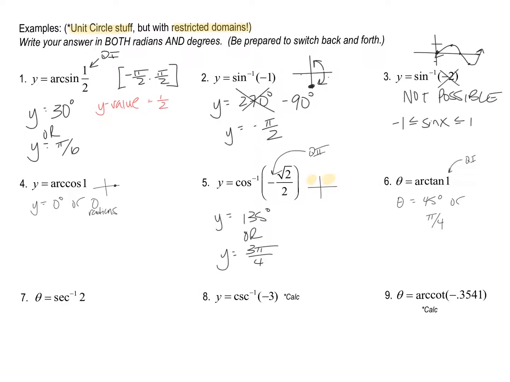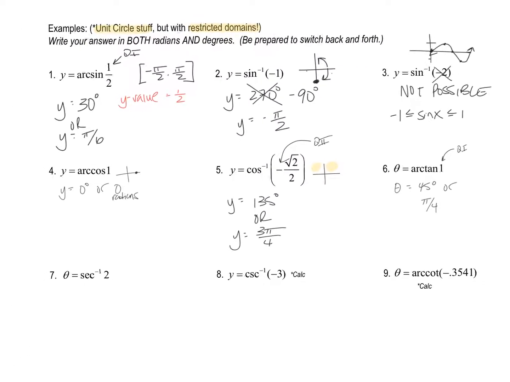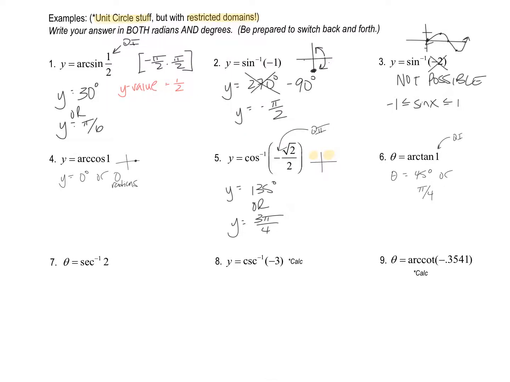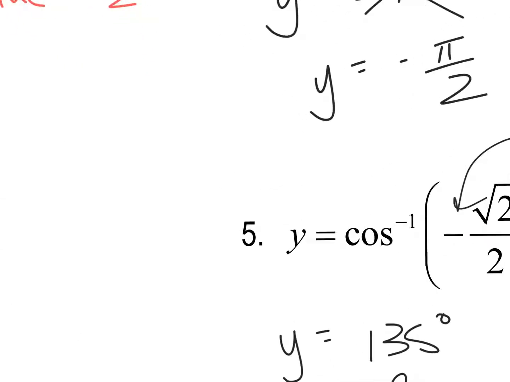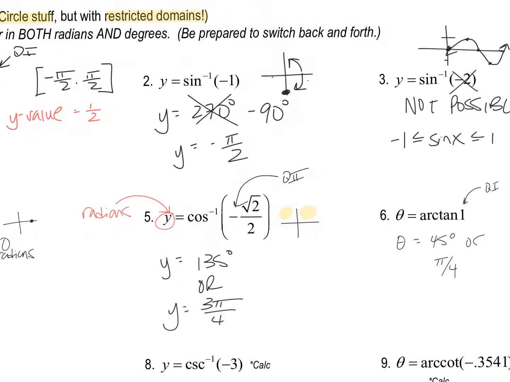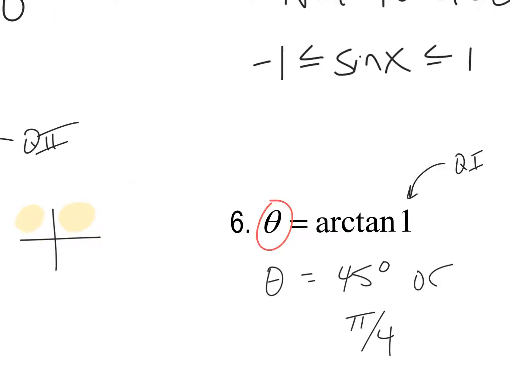Okay, just a little bit of a note. Do you notice anything different about 1 through 5 versus 6 in the way that I asked the question? Just so you know, the directions did say give your answer in both radians and degrees, but how to tell, like if you're doing a Math Excel question, what they want is that y means give your answer in radians. And theta means give your answer in degrees.